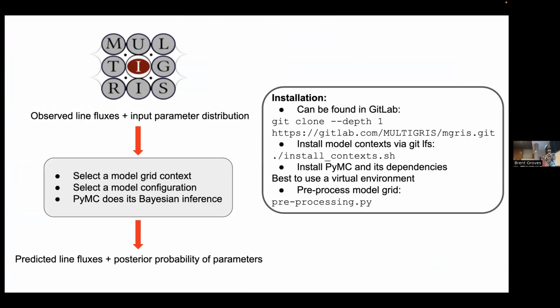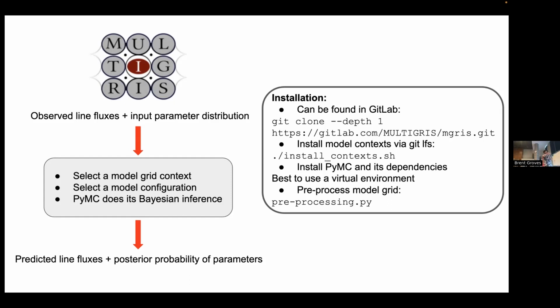You feed it into that, select a model grid or a type of model, this could be cloudy or any of your favorite models, and select a configuration, which is essentially a description of how you would estimate the region around your object. Then we use PyMC, which does all kinds of Bayesian magic to output predicted line fluxes as well as a posterior probability distribution of these parameters that would be useful.